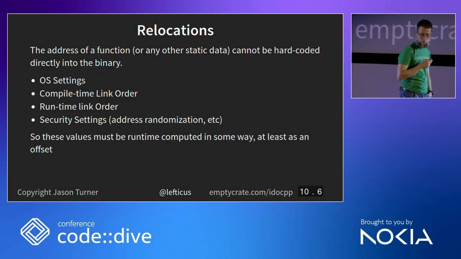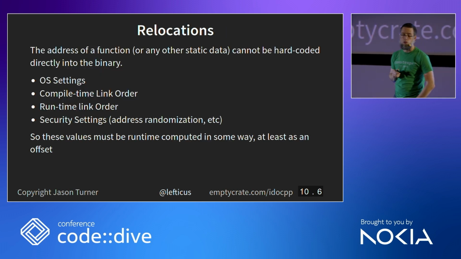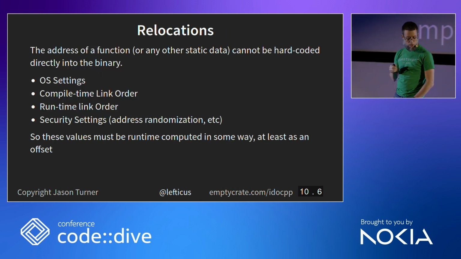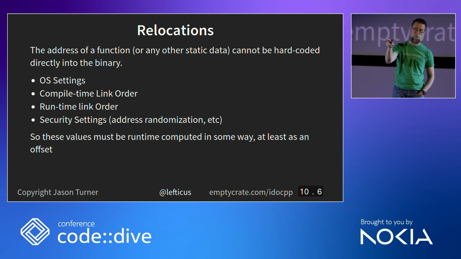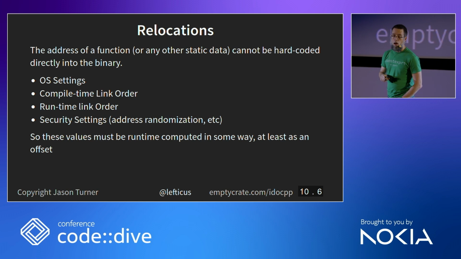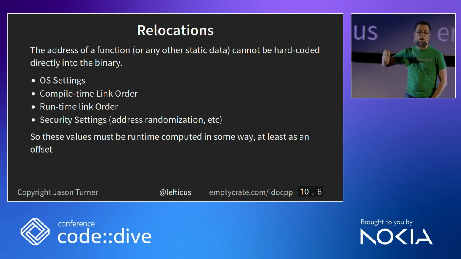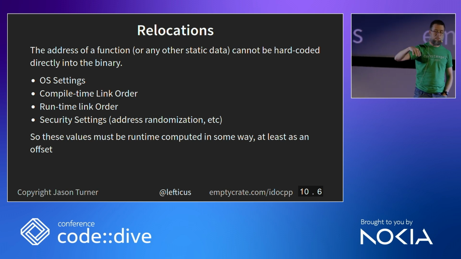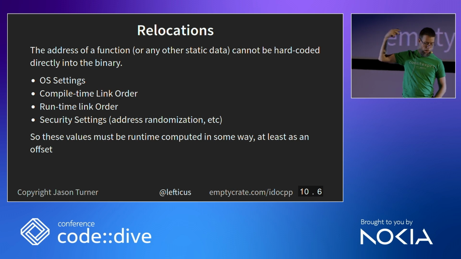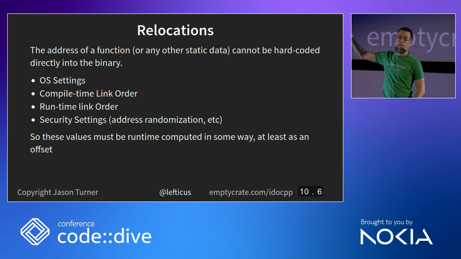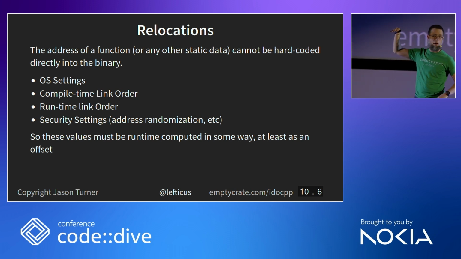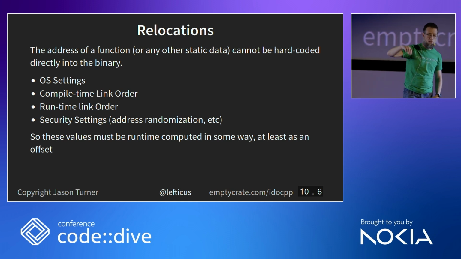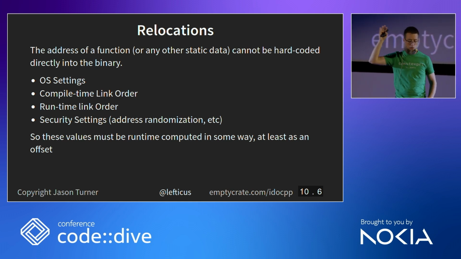Relocation entries. So the address of a function or really any other static data cannot be hard-coded directly into the binary, generally speaking. We'll get into situations where it can be. This is going to be dependent on OS settings, such as security settings like address randomization for where the binary is loaded, compile time link order, runtime link order.